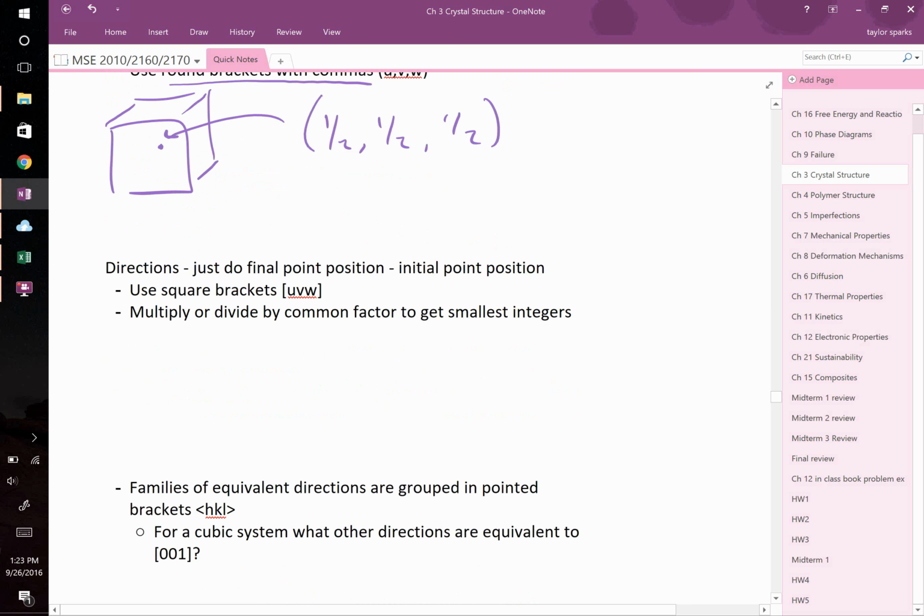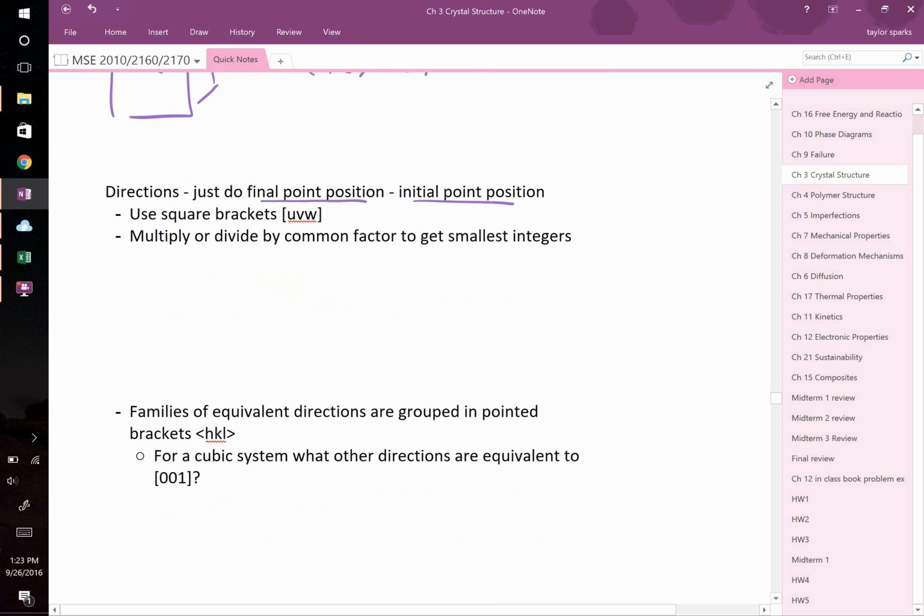Now directions: you take the final point and subtract the initial point, and then you get a direction. So let's do an example. If I take some sort of cubic structure and I want the direction that connects this point and that point, what would it be? To do this, start with the final point, and let's say it's going this direction. Take the final point and subtract the initial point.